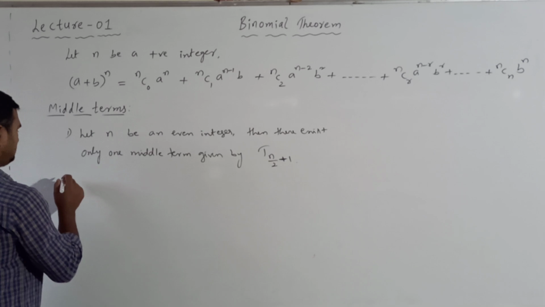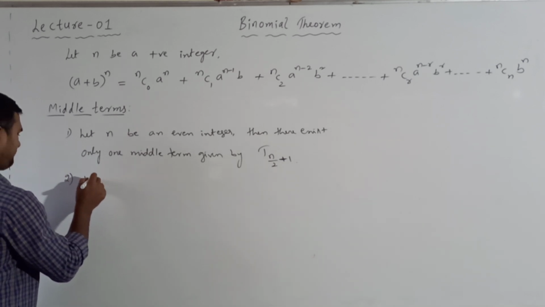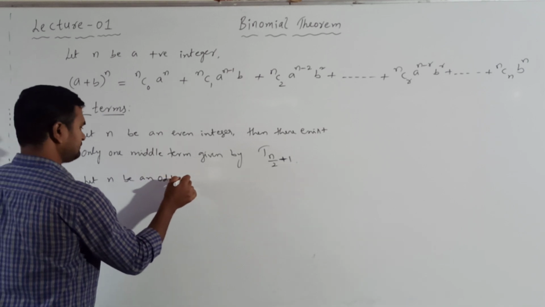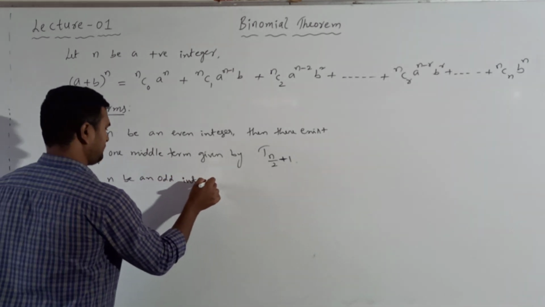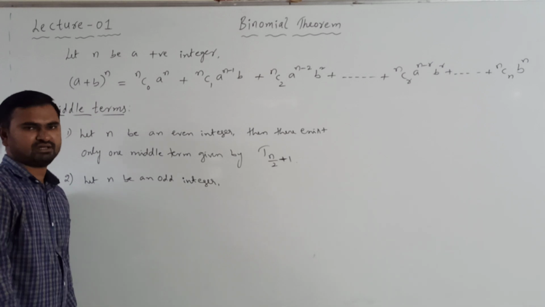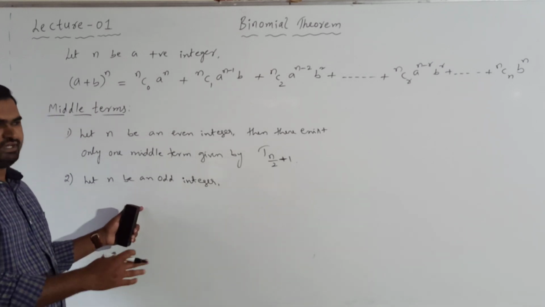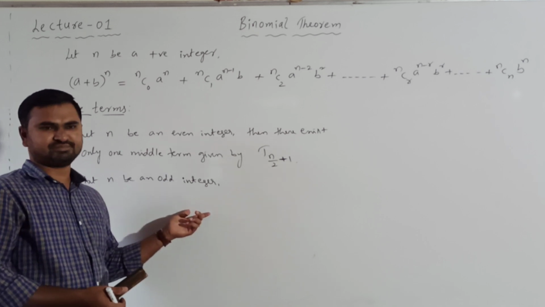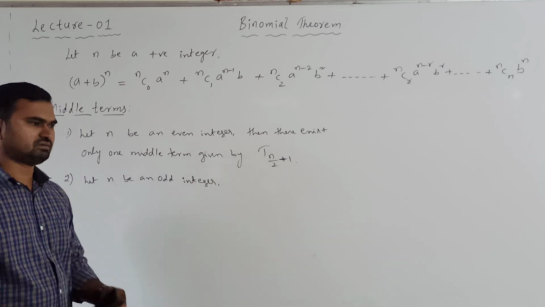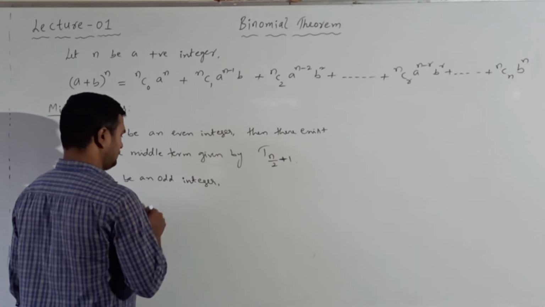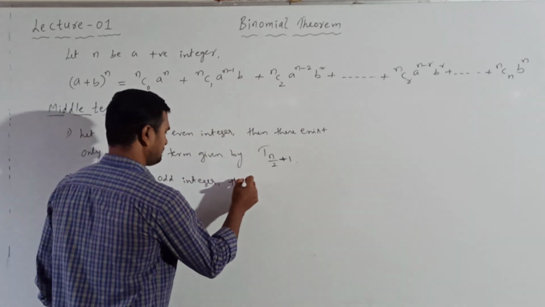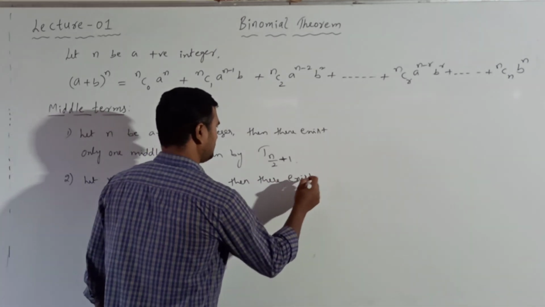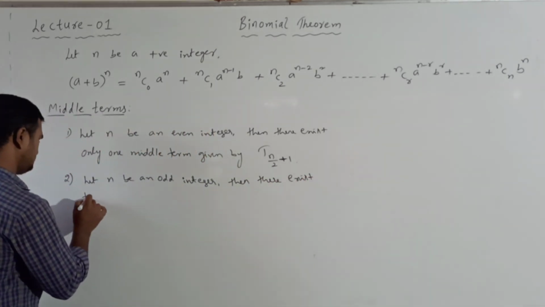If n is odd, then we get an even number of terms in the expansion, which means there exist two middle terms. Let n be an odd integer, then there exist two middle terms.